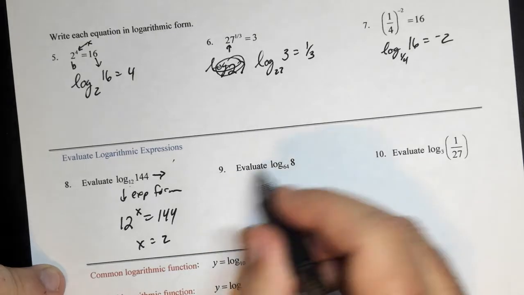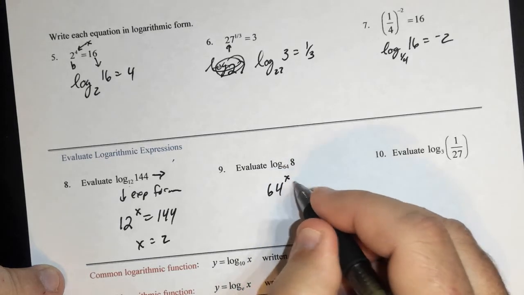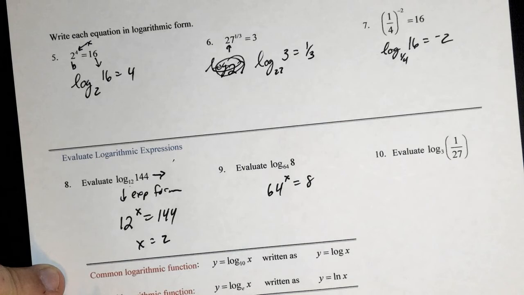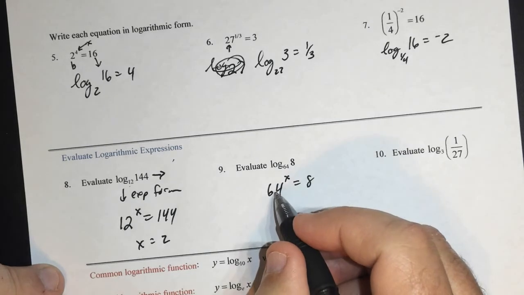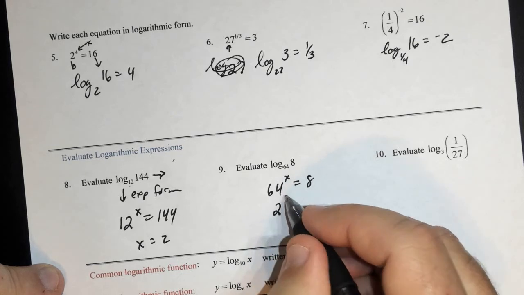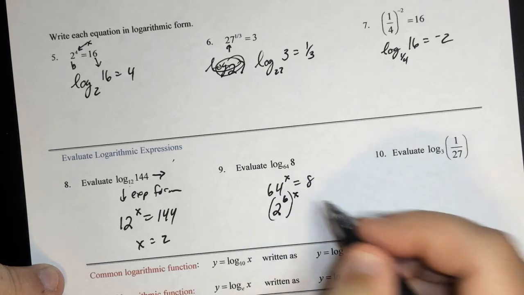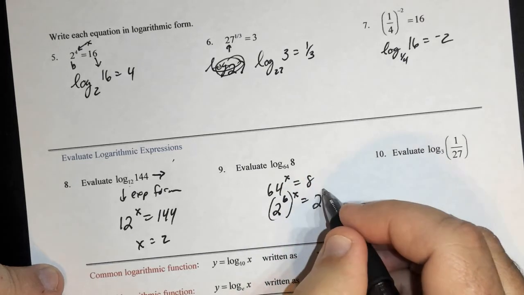Now, what if it's a number you're not quite sure of, like 64 to some exponent is 8? What you want to do is change these into lower bases. There are a couple different trains of thought, but the ones we give you, you'll be able to change a base pretty easily. 64 is technically 2 to the 6th power, and 8 is 2 to the 3rd.